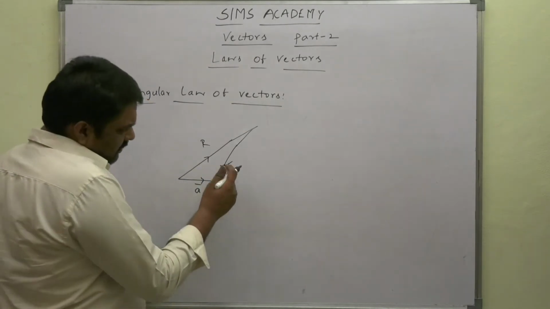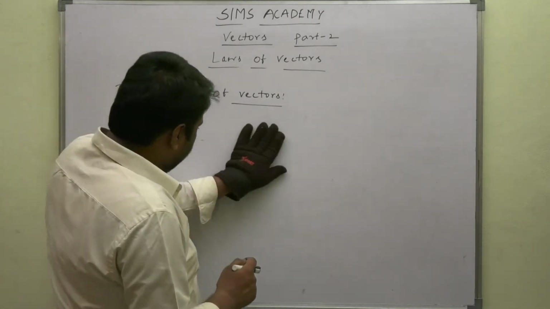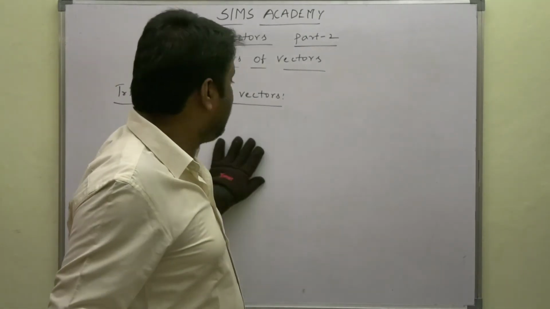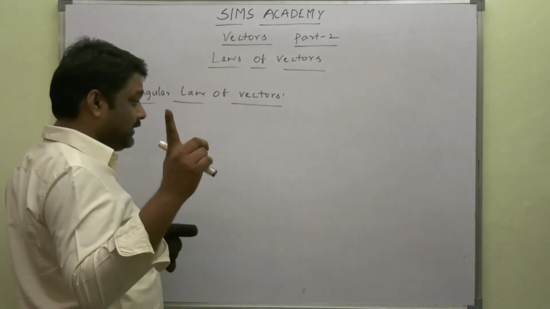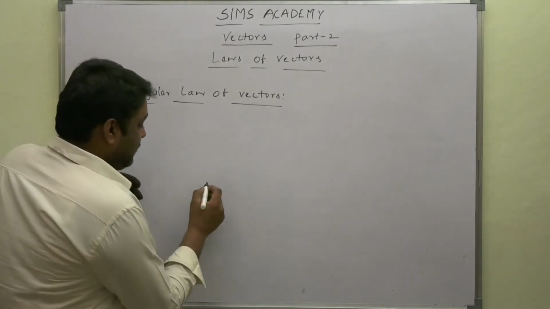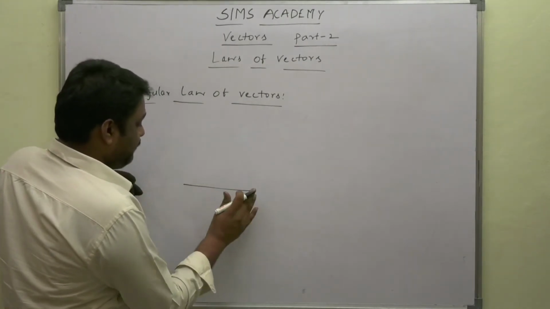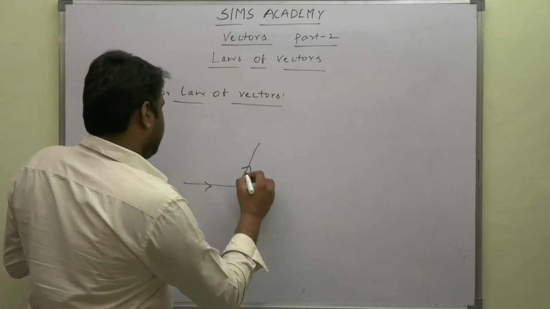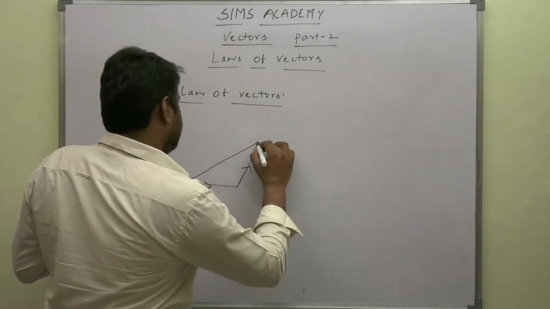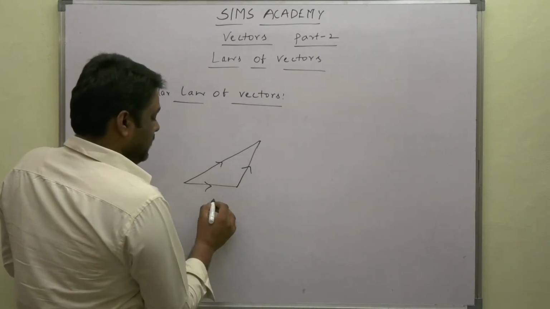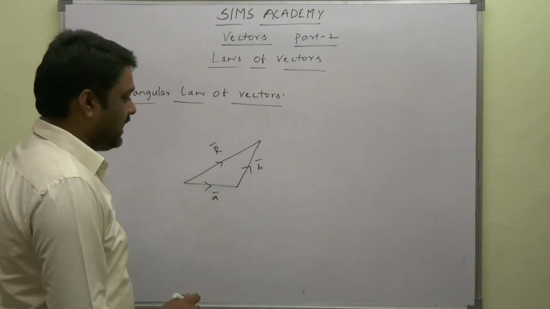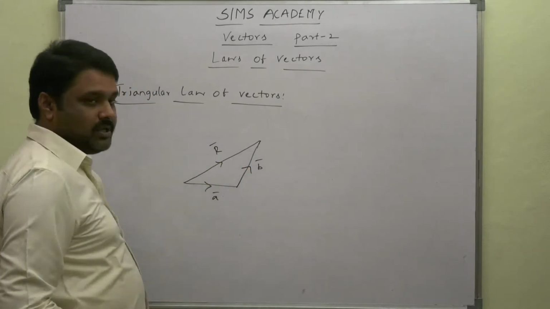You see here we have taken, let me draw again. As I already told you, I cannot draw well, I am not a good artist. This is a vector A, this is a vector B. This is A bar, this is B bar, and its resultant is taken in the opposite order.